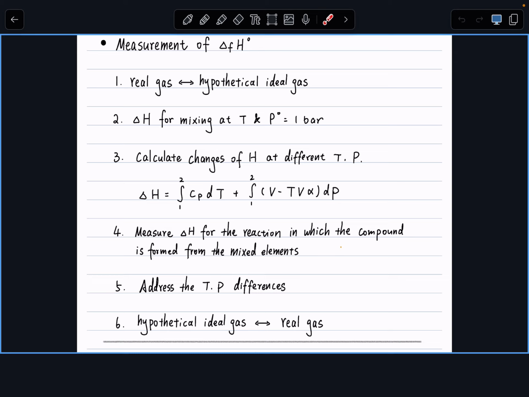Here we actually have the reaction taking place: H2 plus Cl2 go into 2HCl. After the reaction, now we have a new set of temperature and pressure. We want to translate it back, using the same equation, to our standard state.